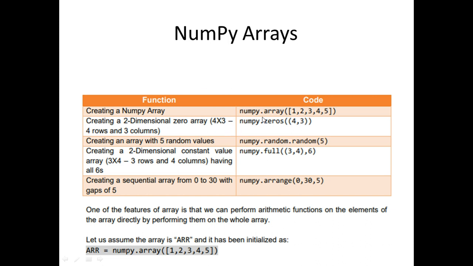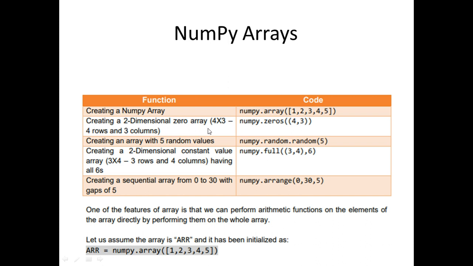So let us see what if I want to initialize numpy arrays. To create a numpy array, I can say numpy dot array of, and I can give in some elements. What if I want to create a two dimensional zero array?